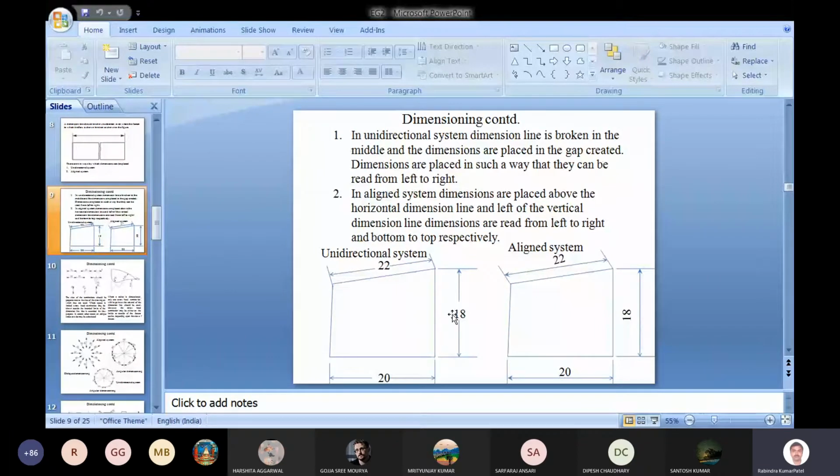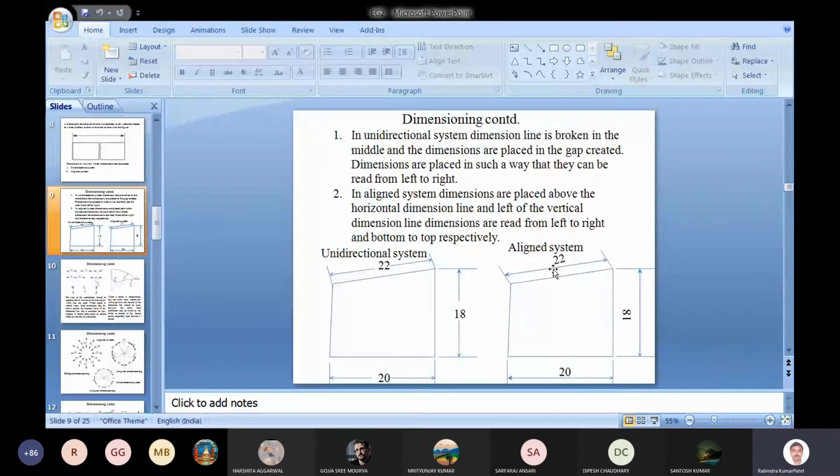But in case of the aligned system, you can observe we haven't broken the dimension line. Although we have placed the dimension numeral in the middle, we haven't broken the dimension line.